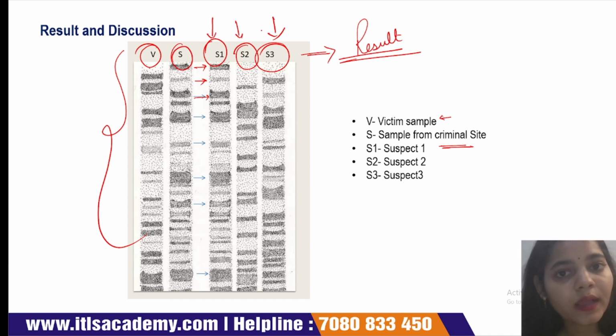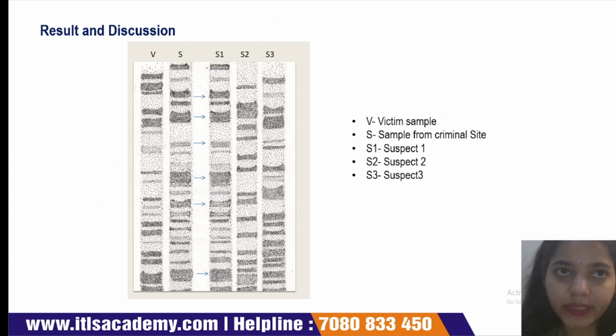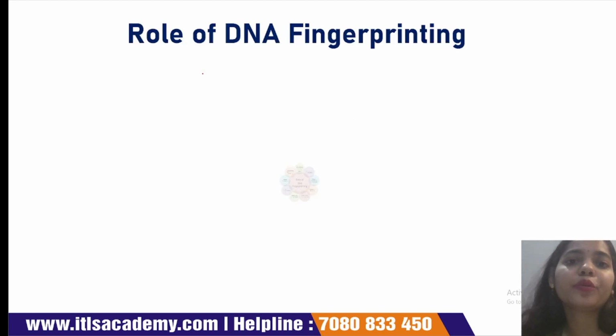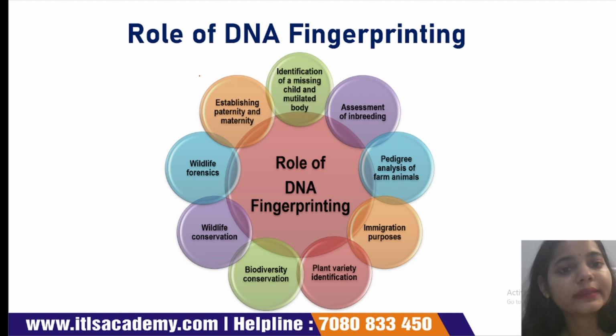Now we understand the application and role of DNA fingerprinting in different sectors. These include the assessment of inbreeding, pedigree analysis, the immigration process, plant variety identification, bioconservation, wildlife science, establishing paternity and maternity disputes, and identification of a missing child.